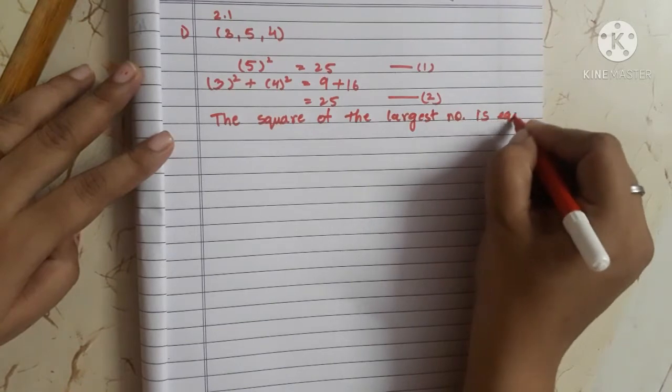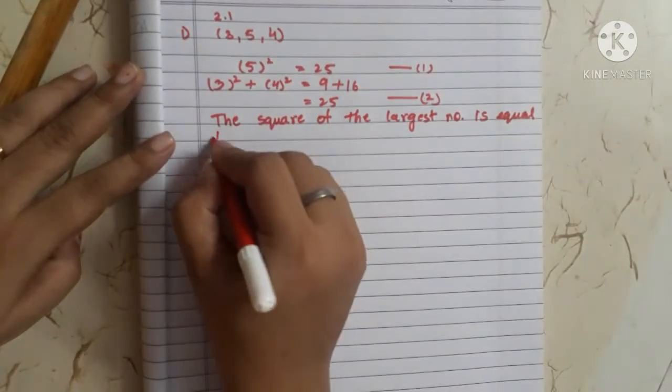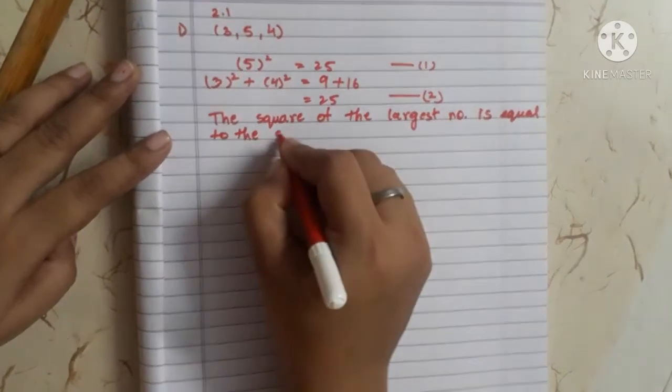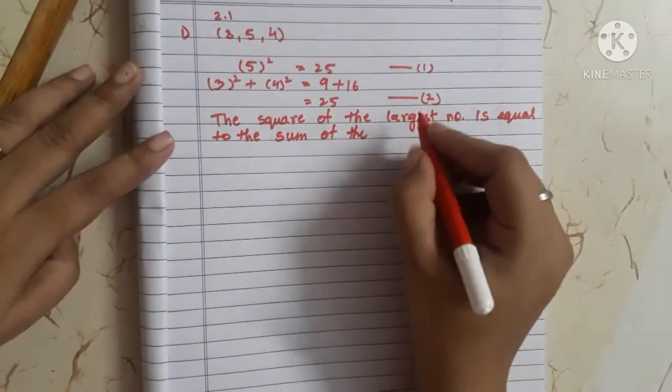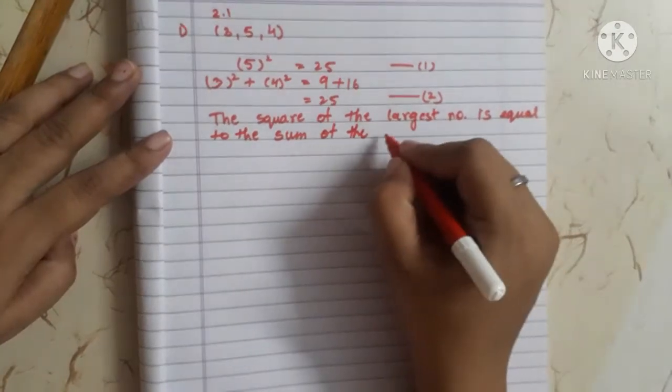is equal to the sum of the square of other two numbers.